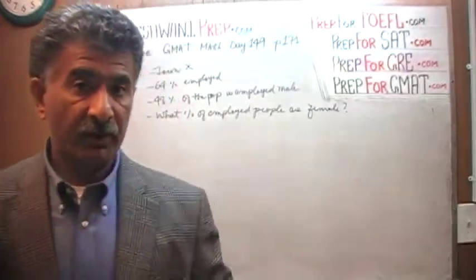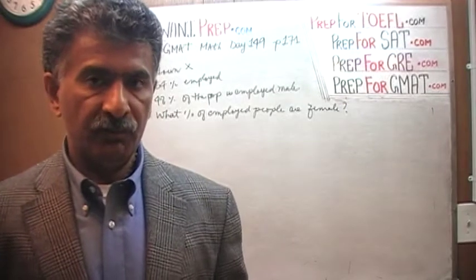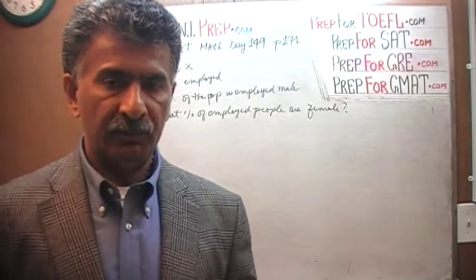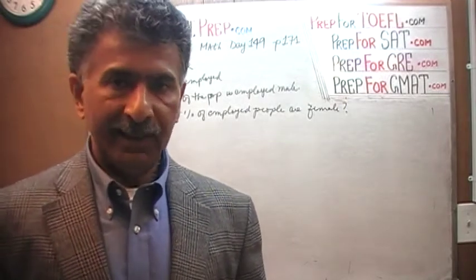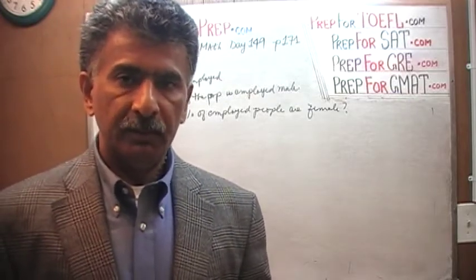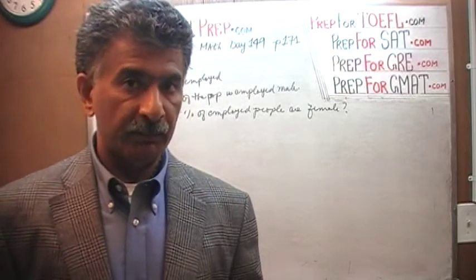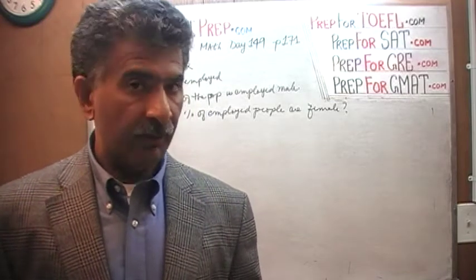Since this is a percentage problem, instead of doing it in abstract terms with symbols and using the letter P for the population, it always makes sense to save time and plug in numbers, and a good number to plug in here in a percentage problem is 100, of course.